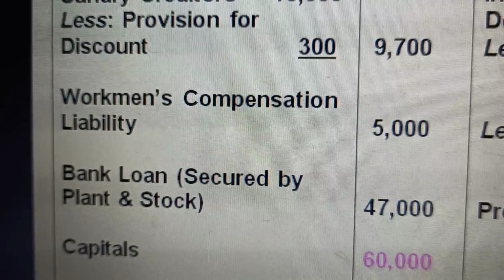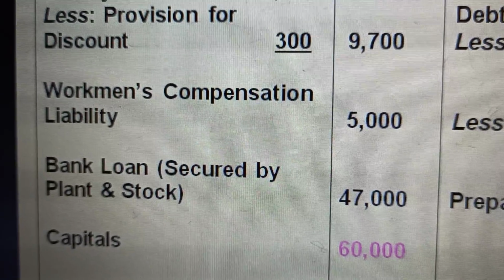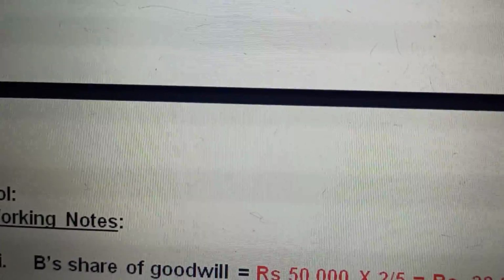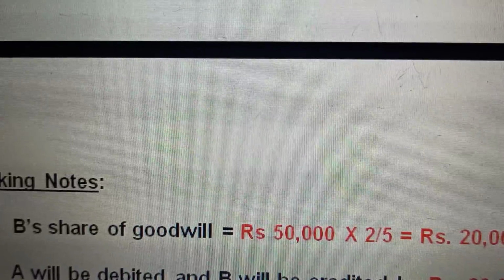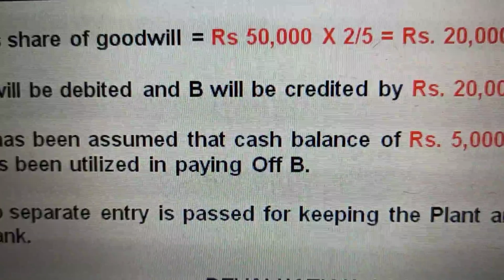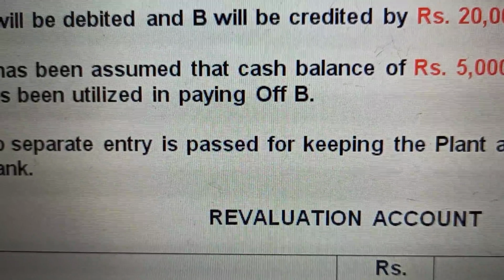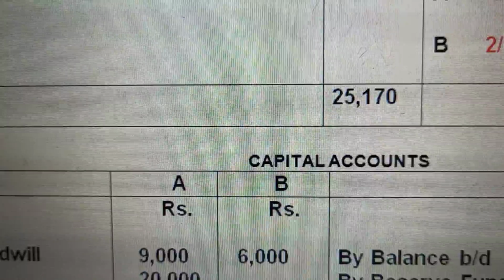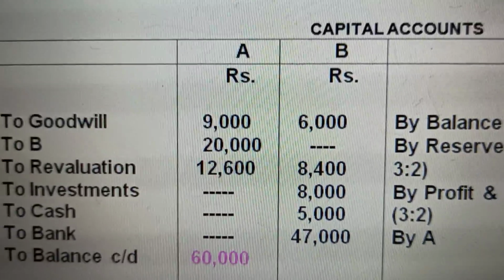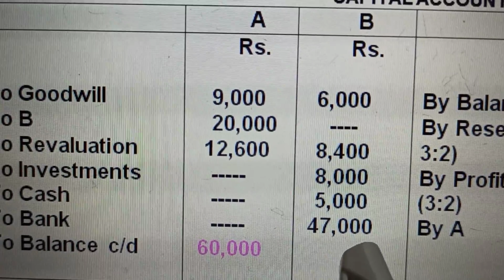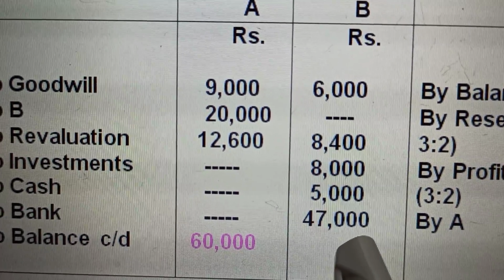5,000 of cash was there, and we have used that cash in paying off. He was paid rupees 5,000. See here. This 5,000 has been given and 47,000 has been taken from the bank.